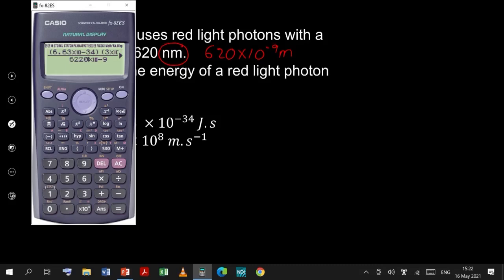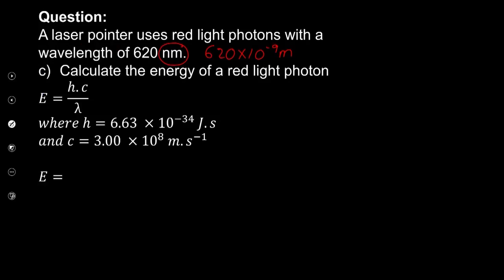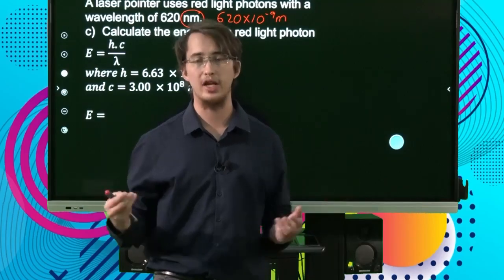Oh, I've made a mistake on the calculator. Let me just fix it. And then we hit equals. And we get that the energy of a photon of red light is only 3.208 times 10 to the power of minus 19. So we can see that the light from a red laser pointer carries quite a small amount of energy.